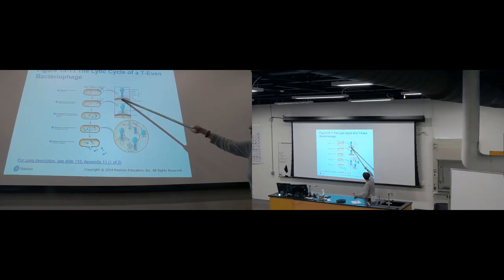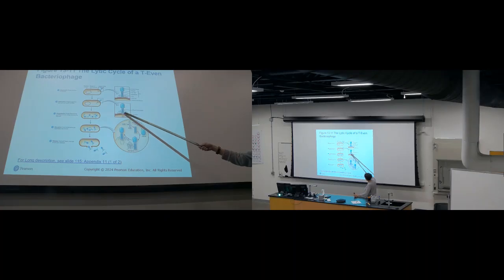The tail pin, which is in the middle of the base plate, now penetrates the cell wall together with the aid of the lysozyme. And then, just like a hypodermic needle, this virus injects the DNA, so it's going into the cytoplasm of the host.